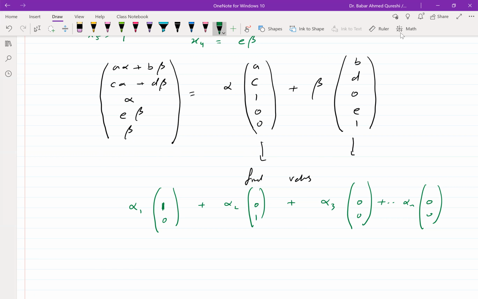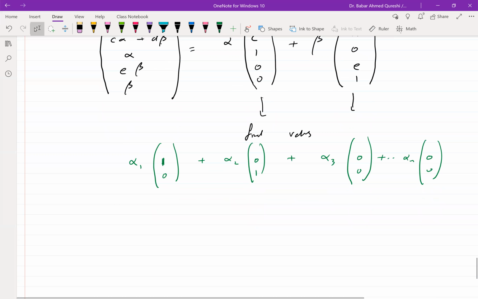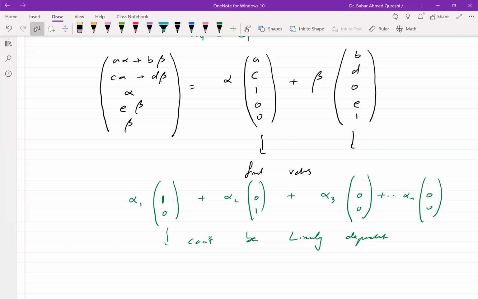So we just saw that if we have this kind of situation, where at one particular spot, like the ith component, only one vector has a 1 and the rest have 0, and the same is true for the other components, then these cannot be linearly dependent. They have to be linearly independent. If I put the combination equal to 0, this 1 cannot be cancelled against anything over here.